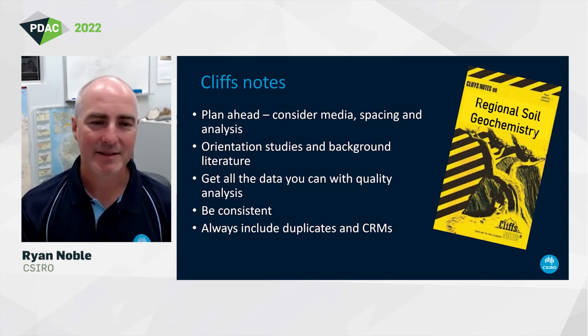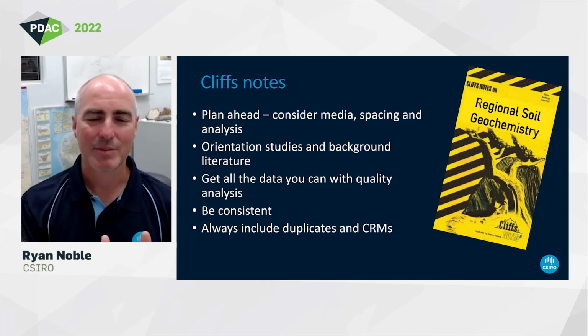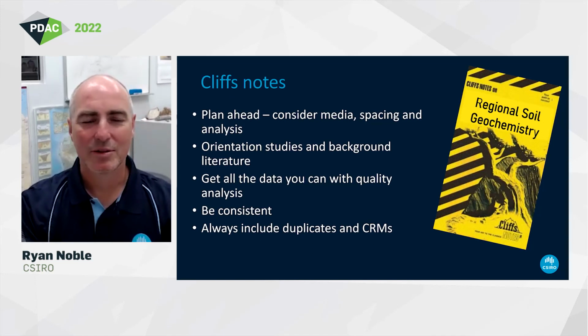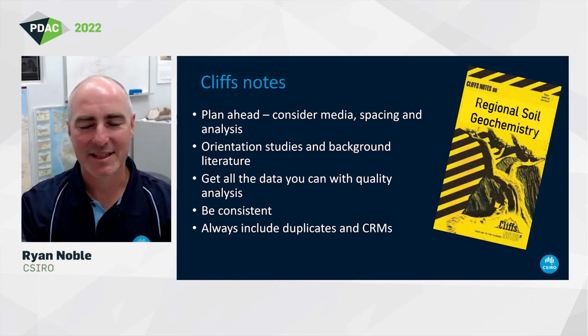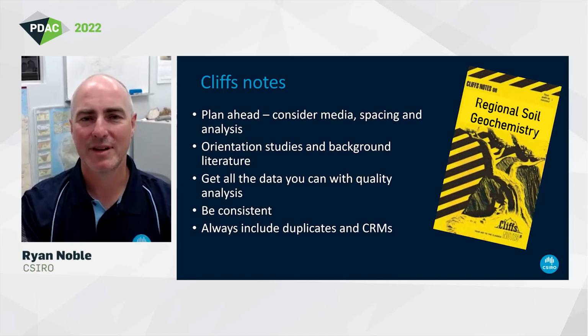And as I touched on, but really haven't spent time on because I believe it's covered in other parts of this presentation, these presentations, always include duplicates, always include some sort of reference materials. It doesn't necessarily have to be a certified reference material, but you do have to include these samples because you will get benefit out of it as you go through your interpretation.